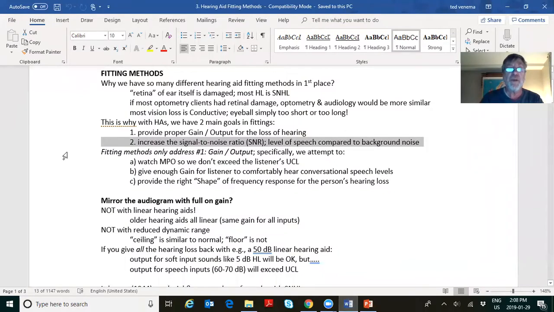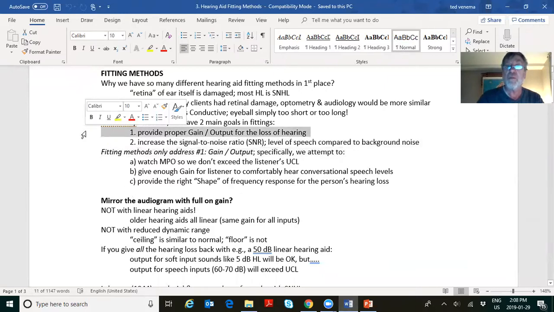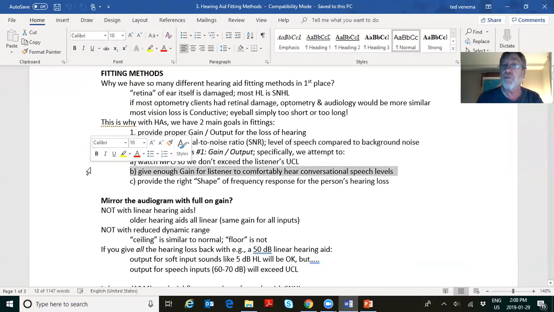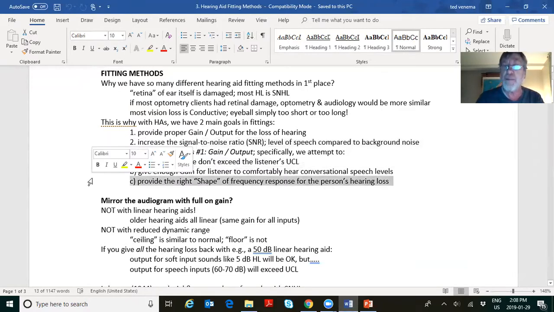Where are we? Fitting methods only address number one, gain and output, of these two goals here. Specifically, we attempt to watch the maximum power output so you don't exceed the listener's uncomfortable loudness level. You try to give enough gain for the listener to comfortably hear conversational speech. And thirdly, you provide the right shape of frequency response for the person's loss.